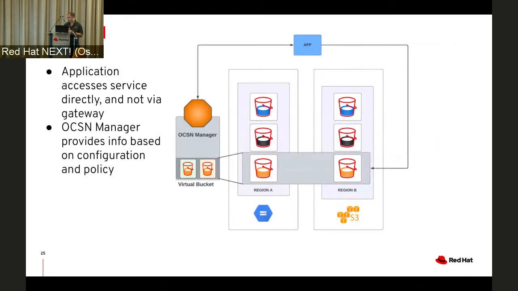Applications access the services for data directly, and that's an important piece of information. They don't go through a proxy or a gateway in order to access the data. So the applications get the information for where to access the data from the OCSN manager, and then they go to the services themselves to fetch the data or to write the data to.